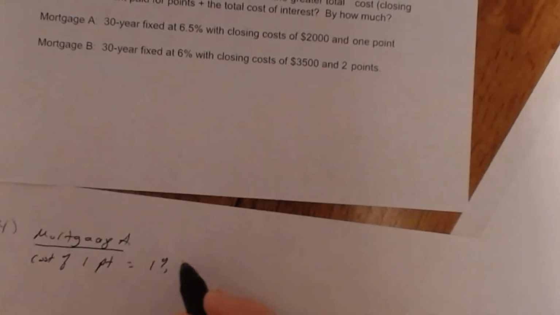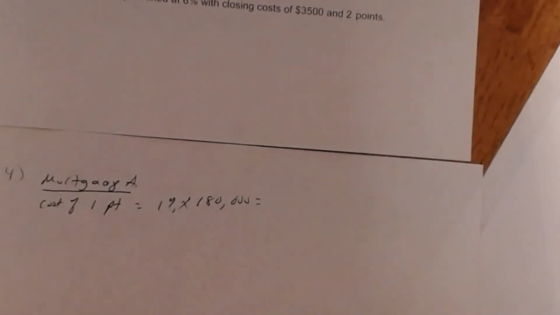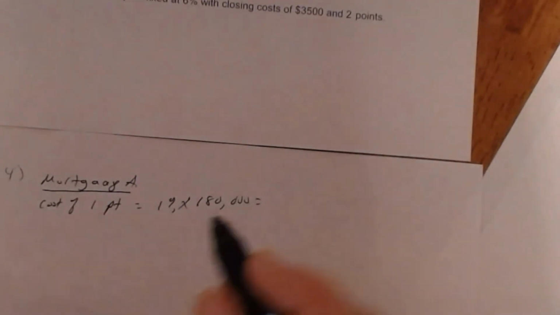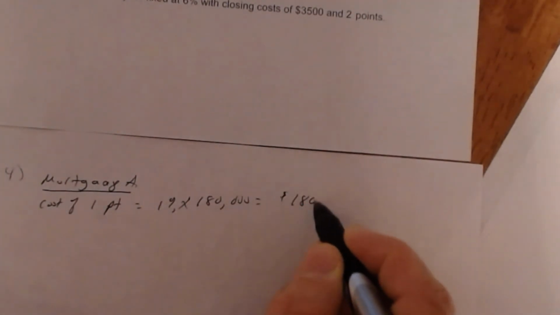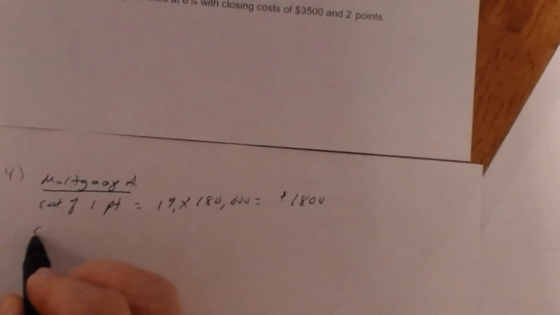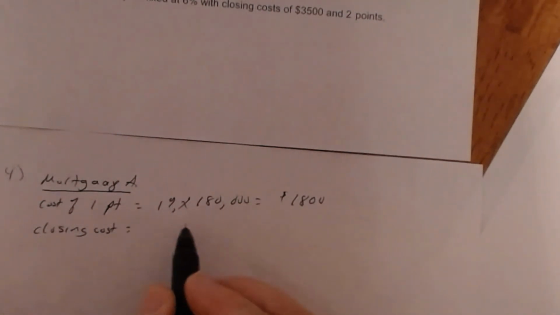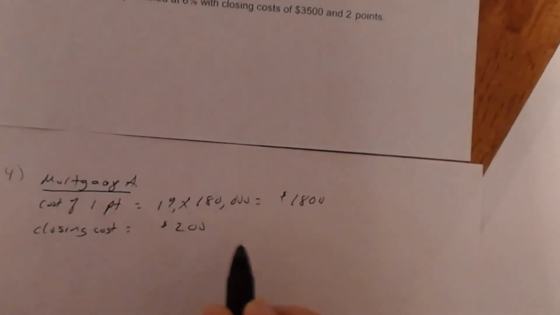You borrow $180,000, so 0.01 times $180,000 is $1,800. Then the closing cost, they tell you, is $2,000, right?